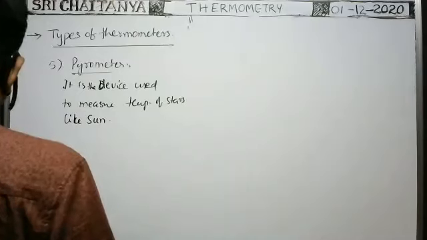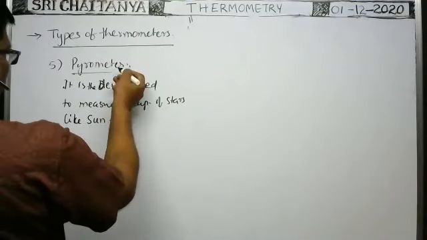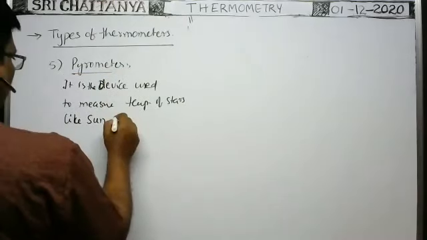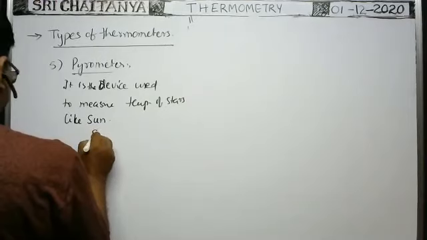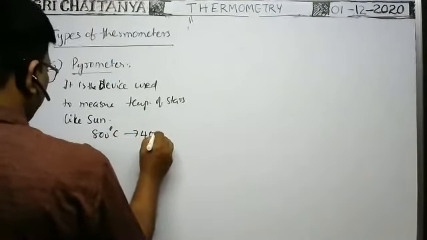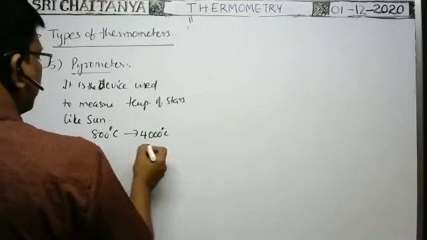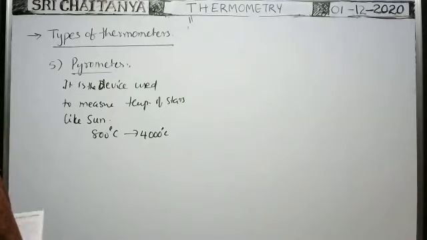Here, with the help of the pyrometer, also called the radiation pyrometer, we can measure temperatures ranging from 800 degrees centigrade to 4000 degrees centigrade. Some pyrometers can even measure 7000 degrees centigrade.